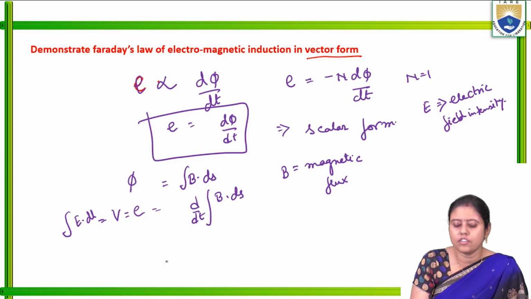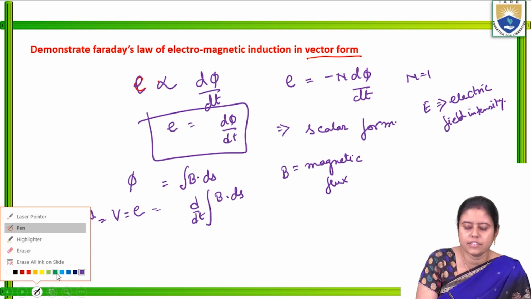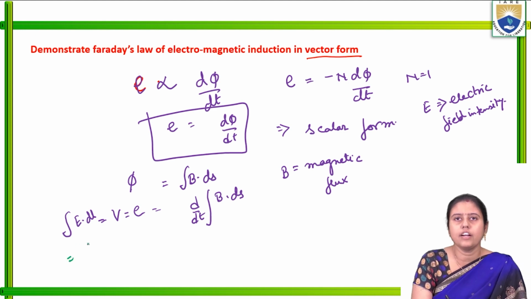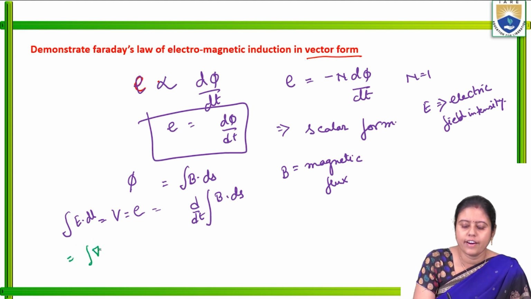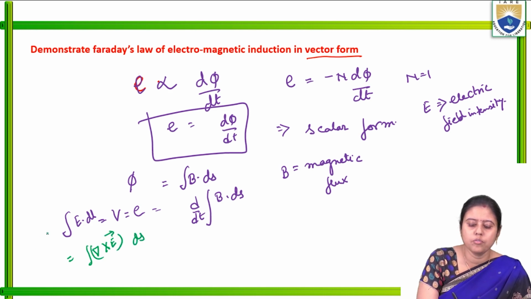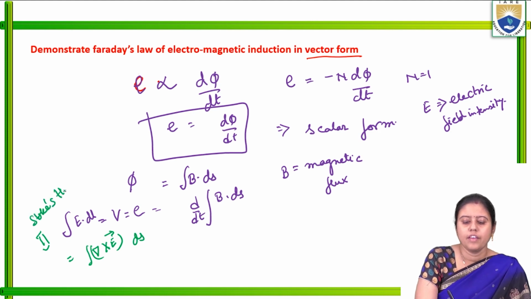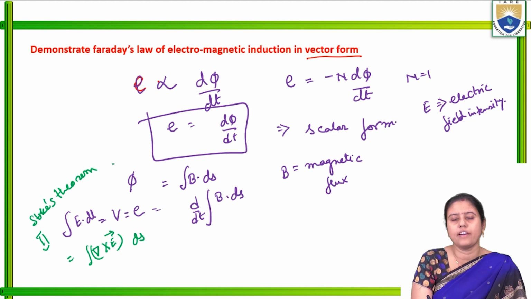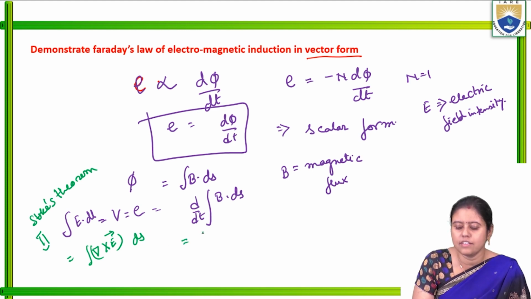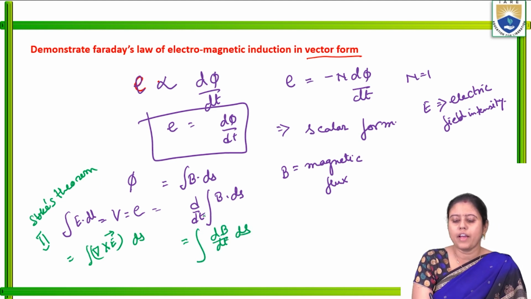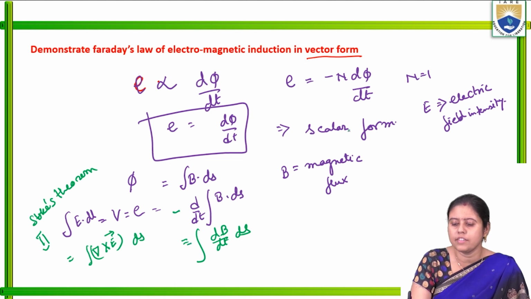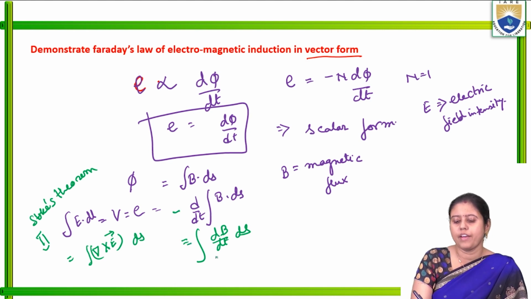And what is E dot dl? The closed integral of E dot dl can be rewritten as the surface integral of grad cross E dot ds. We are using the Stokes theorem here. By using the Stokes theorem, we can write grad cross E dot ds is equal to minus dB by dt dot ds, and there is one minus sign because E is equal to minus d phi by dt.